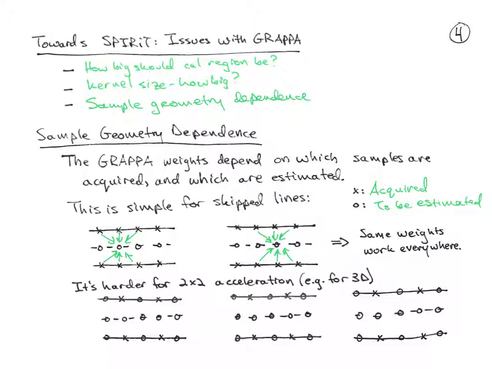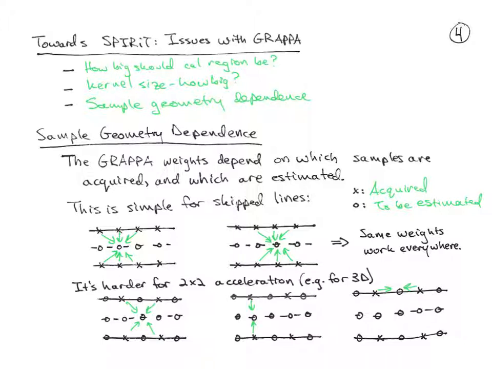But it's harder when we have, for example, 2x2 acceleration, as you might have for 3D imaging where you have two phase-encoded dimensions, so to accelerate your scan you would undersample in 2 dimensions. In this case, you would want to synthesize this point from these samples, but then you move over 1 on this side, and you've only got 2 samples that are really close by. Likewise, if you're trying to synthesize here, you've also got only 2 samples close by.